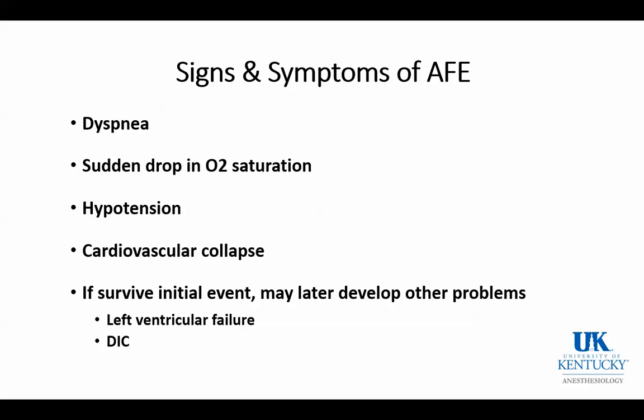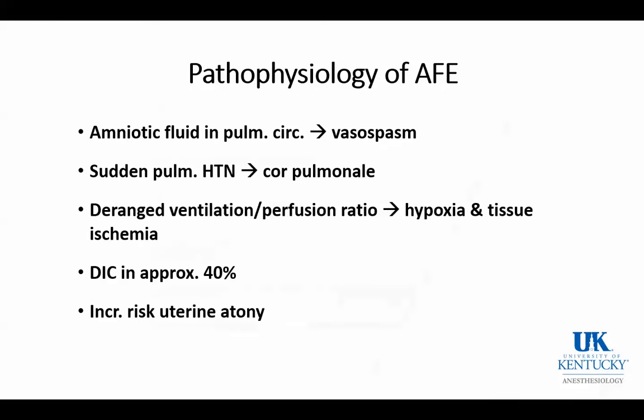If they survive this initial event, which is going to be over 15-30 minutes or so, they may, over the next hour or so, develop other problems, including left ventricular failure and DIC. So you have that initial phase one over 15-30 minutes: dyspnea, desaturation, cardiovascular collapse. And then from there, you go on to phase two, where you can get left ventricular failure and DIC.